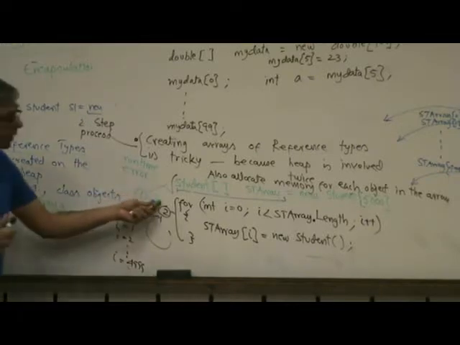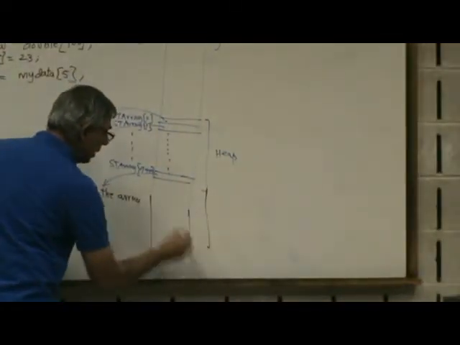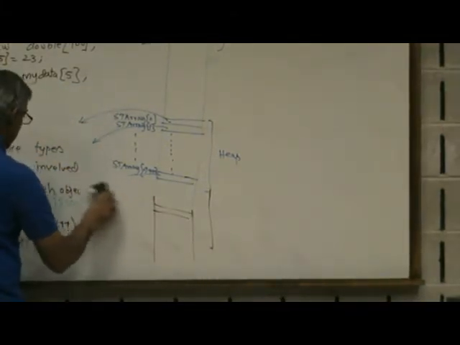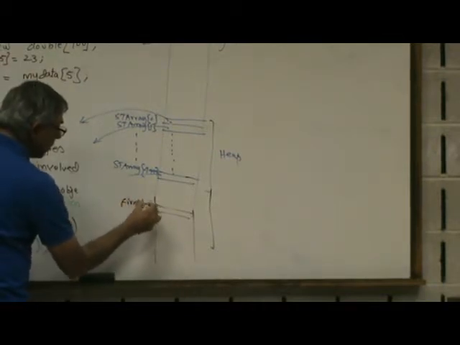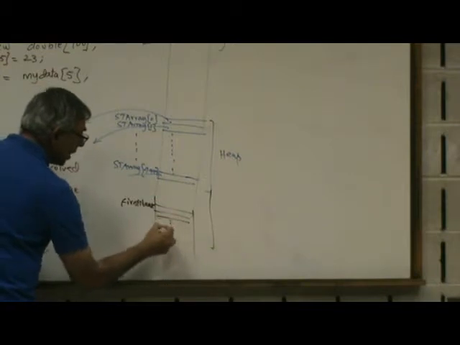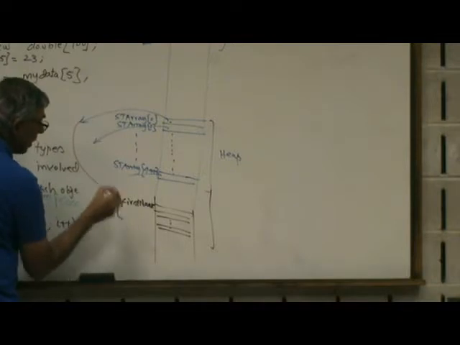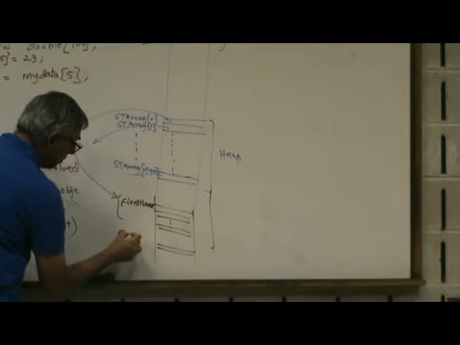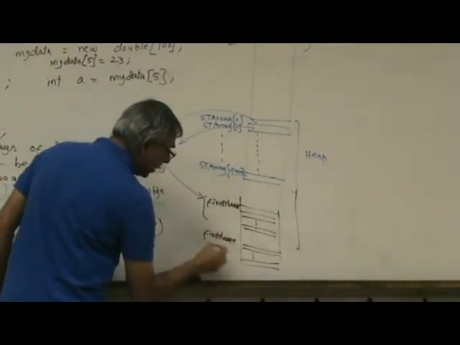Okay, so what does it do now? For each one of these objects, in the heap area, it will create memory for first name, memory for last name, and so on. And then stArray of 0 will point over here. Then it will create another object, first name, memory for the second student, last name, and so on.